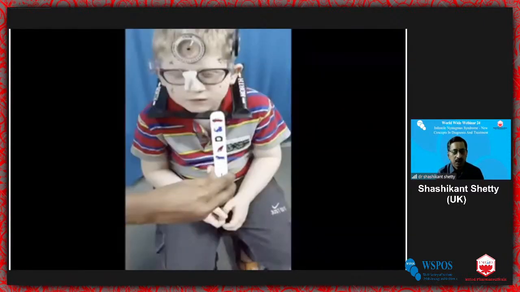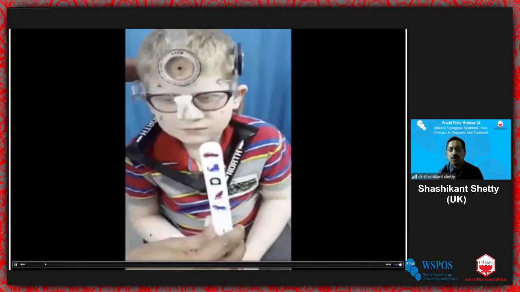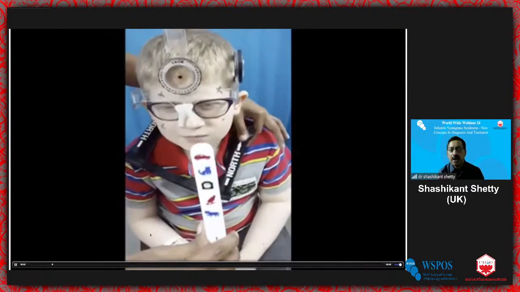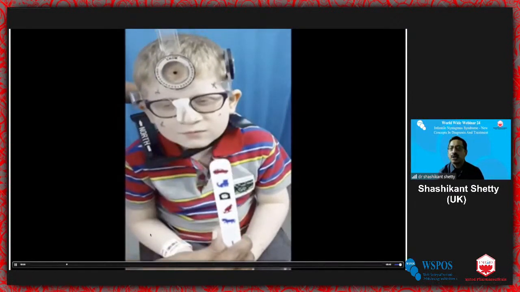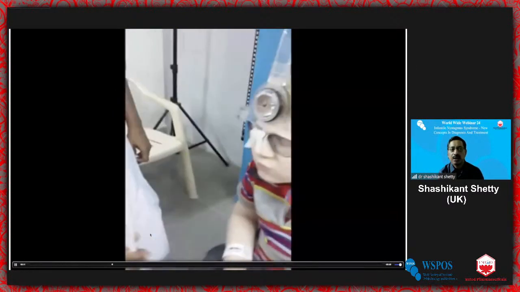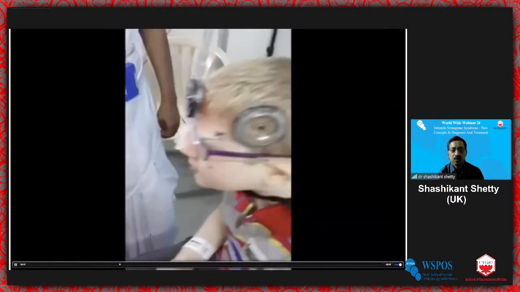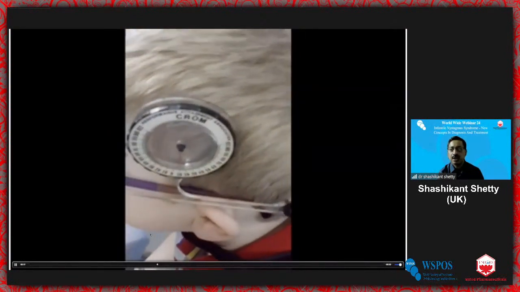So we use the CROM, the cervical range of ocular motion, to assess the nystagmus head posture. It's a very useful instrument, described initially by Dr. Burton Kushner in his article, and we use it to measure both near and distance.